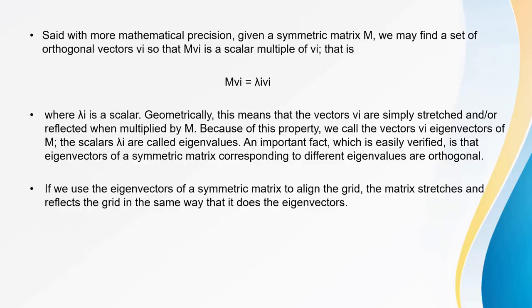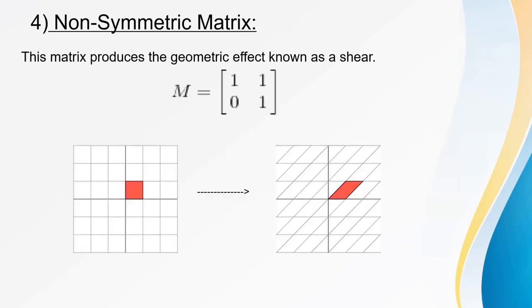So here we can say that the M matrix is multiplied with a vector vi to get a constant times vector vi. So here the vector vi is known as eigenvectors, lambda i is known as eigenvalue, and the whole equation is known as eigenequation.